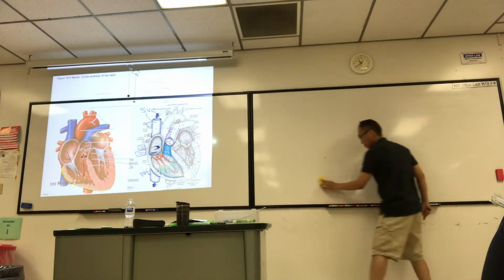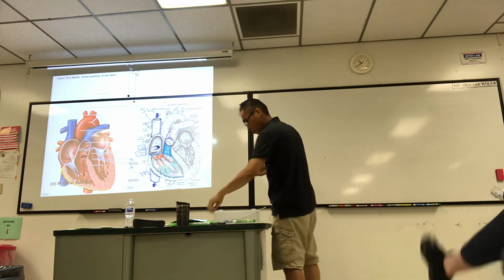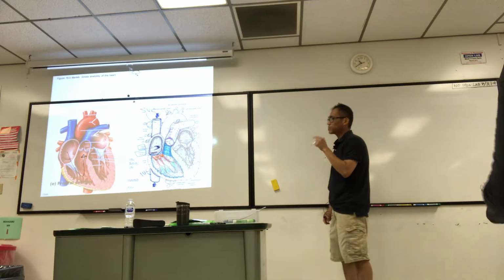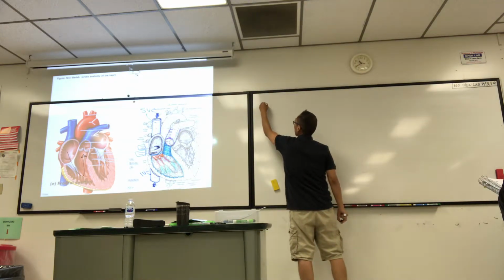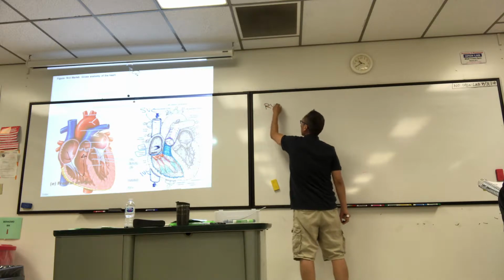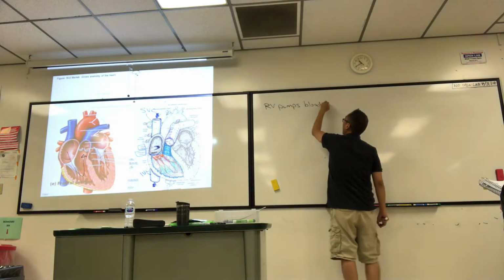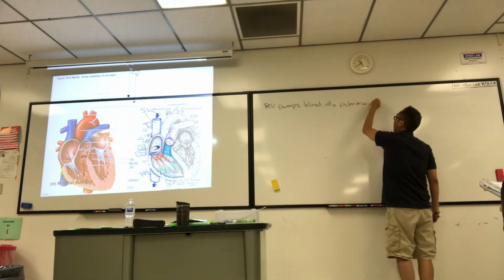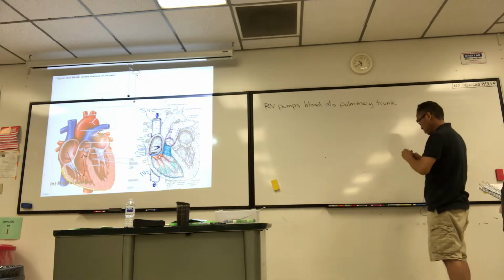I was going to say, RV pumps blood into the pulmonary trunk. And I kind of colored it that purplish color.